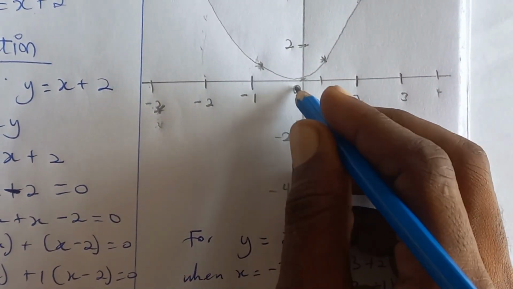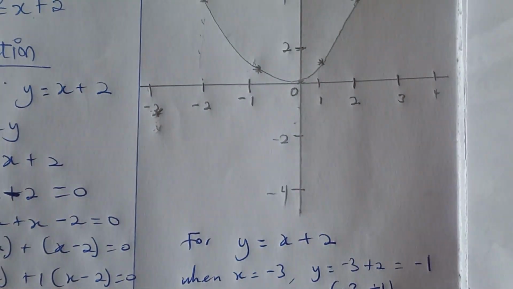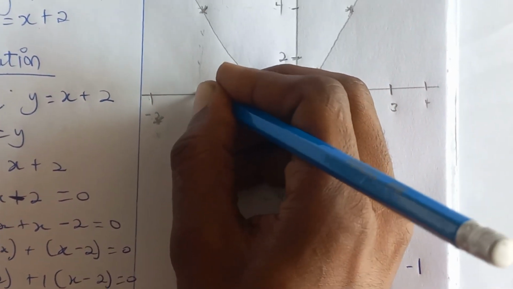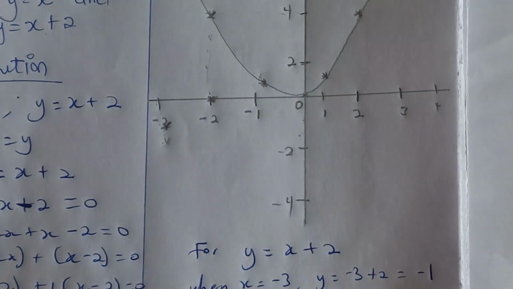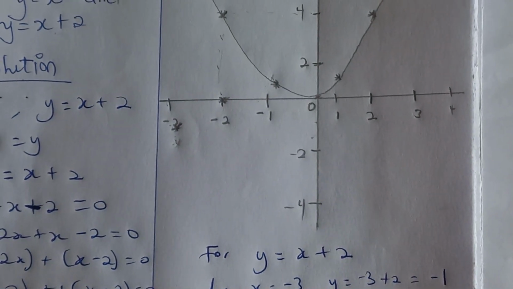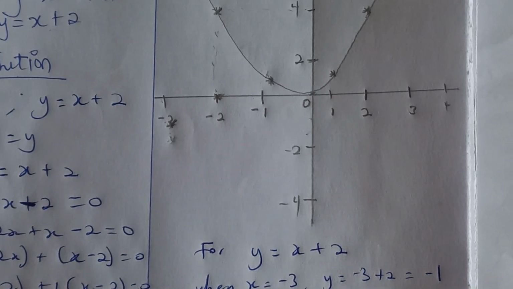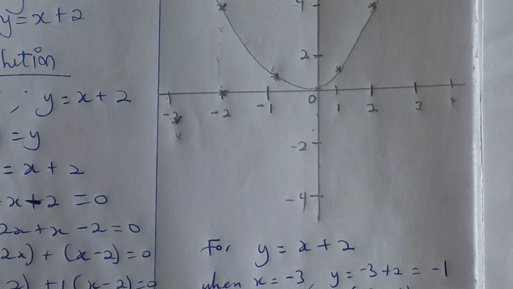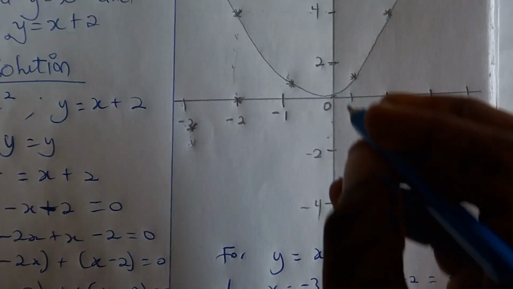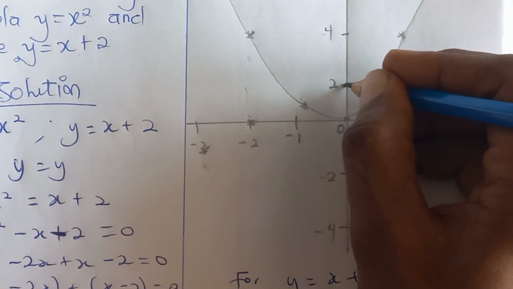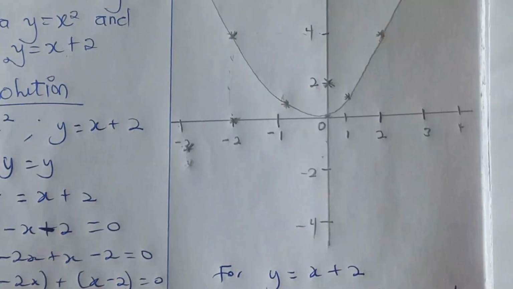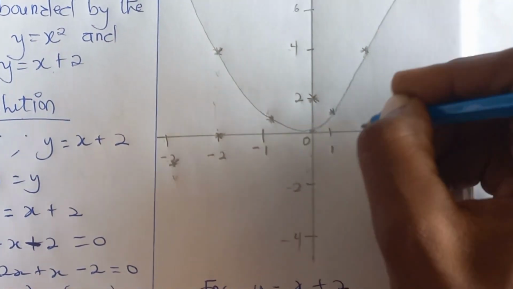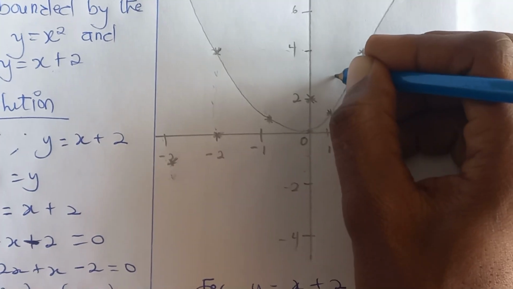Then, sorry, negative 1, 1. So this is it. Then we have 0, 2. Then 1, 3. So 3 will be somewhere here.